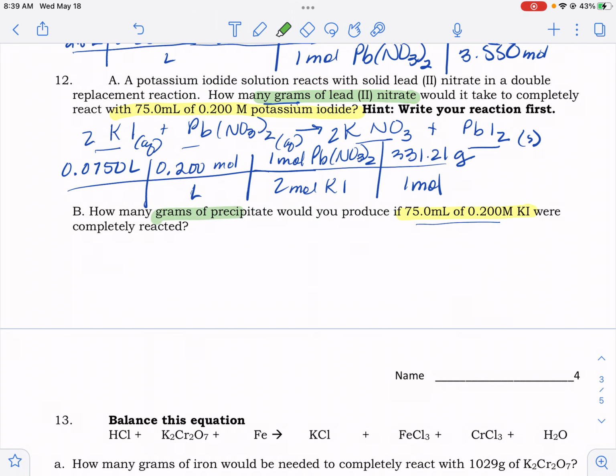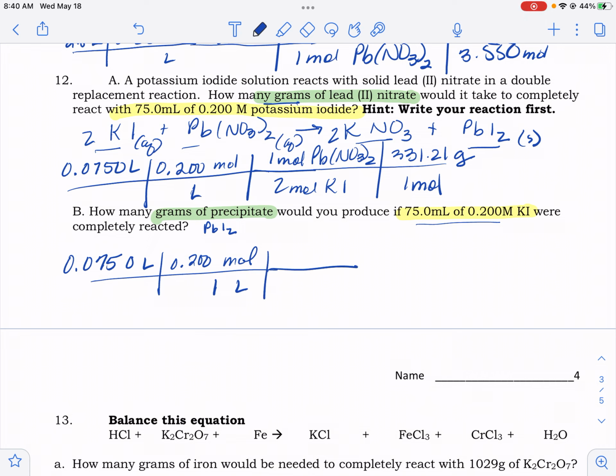And it wants grams, and I'm going to write in here lead iodide. So I start with what is known. I know that I have 75 milliliters. I didn't need that. So that's 0.075 liters. And the molarity is 0.2 mole per liter.